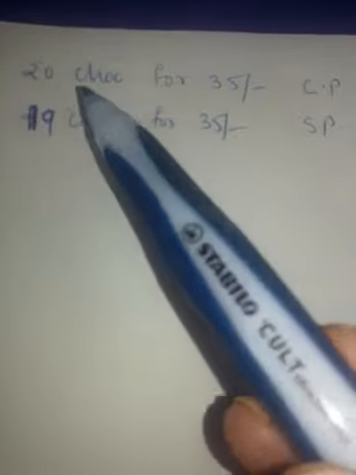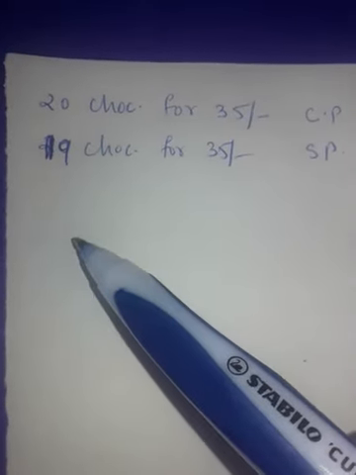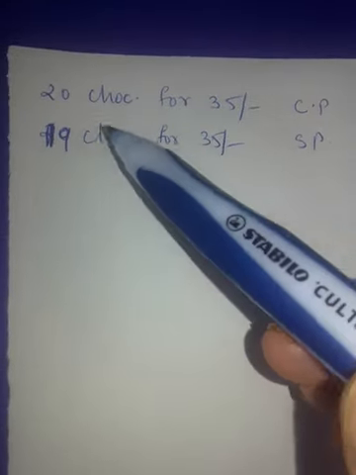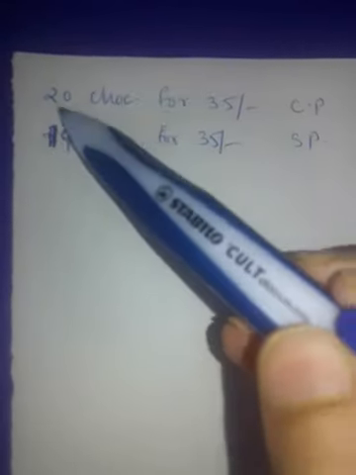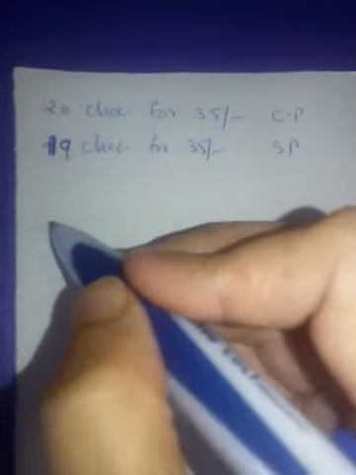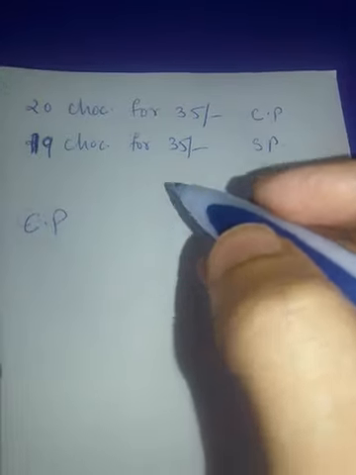How can we make this equal? This is 20 and this is 19. Their LCM is going to be their product, 380, because there is no common factor. So what will we do? We will multiply this by 19 and we will multiply this by 20. For finding the cost price, 20 chocolates cost 35.